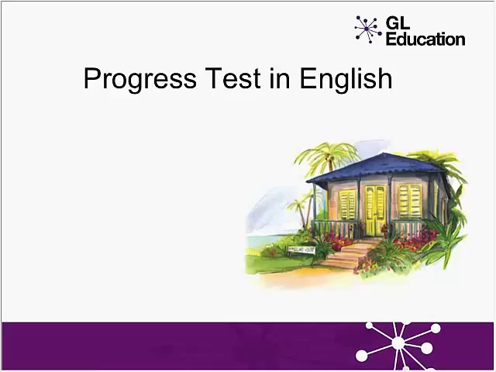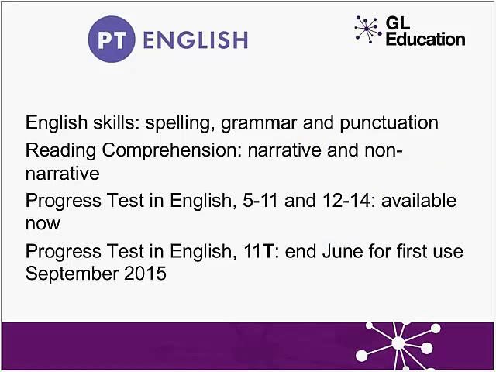So we've got increased rigour within this assessment. It's looking at the national curriculum content that was in the changes that have been put in place, so that we've got the spelling, grammar and punctuation required in terms of the English skills, but in terms of reading comprehension, we've got the narrative and the non-narrative.